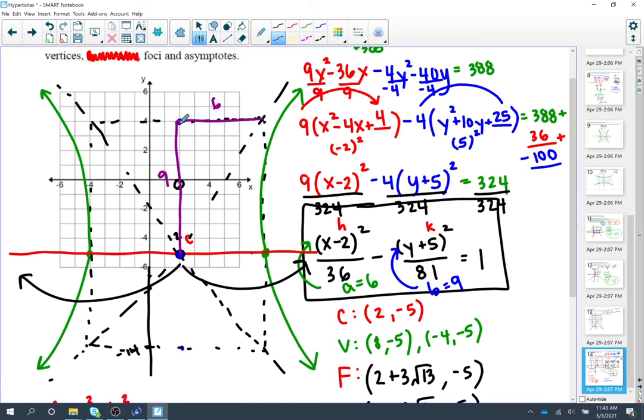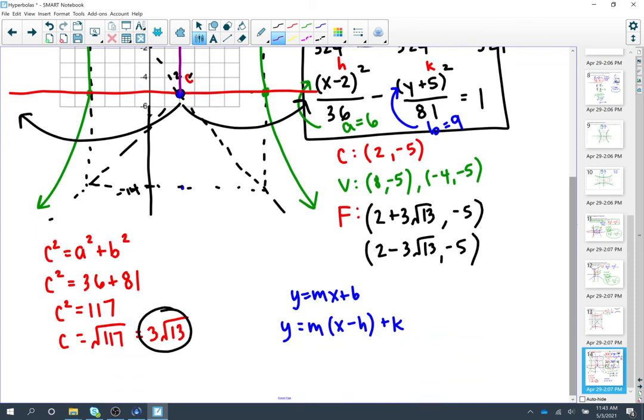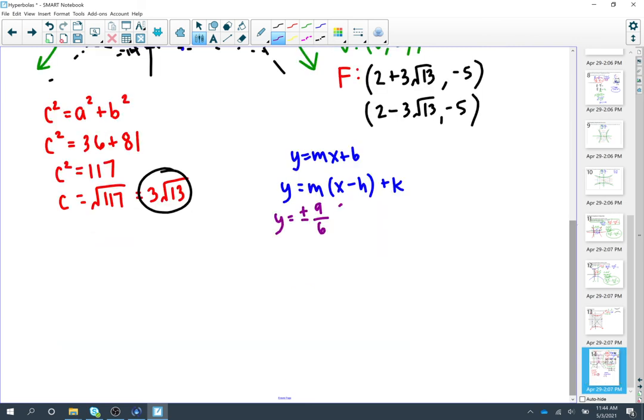So you can go up 9, run 6, or you can go up 9 and then backwards 6. So once again, our slope, y equals plus or minus 9/6, because we could go positive or negative. Then x minus h, well, our center was at 2, plus k, -5.